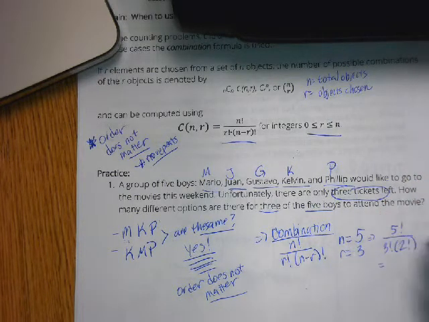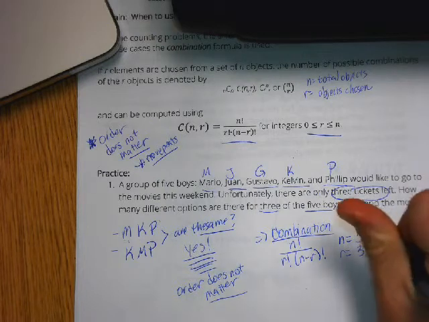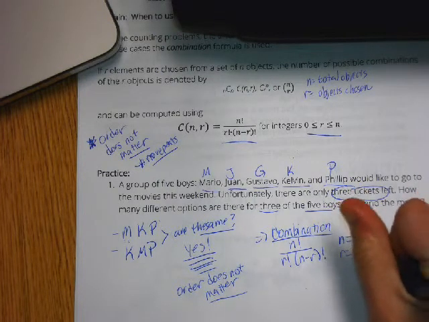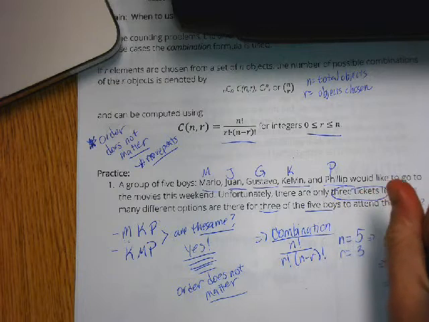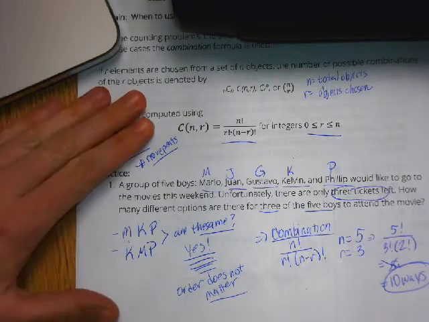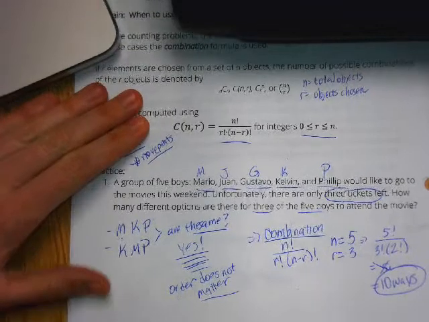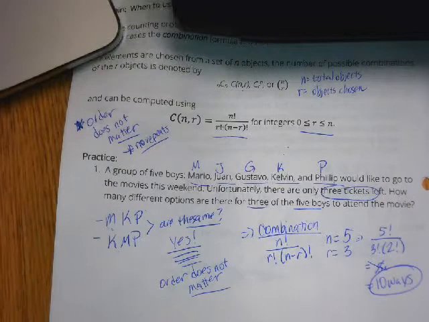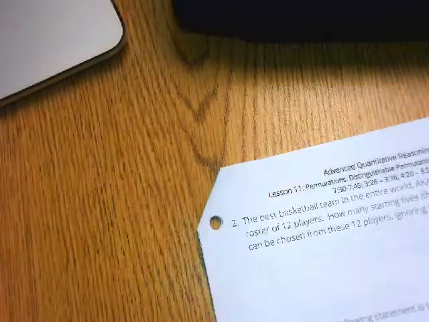So let me plug it in. 5 factorial divided by 3 factorial, 2 factorial. You should just end up with 10 ways. There's only 10 ways to assign those 3 tickets if we were working with 5 boys.